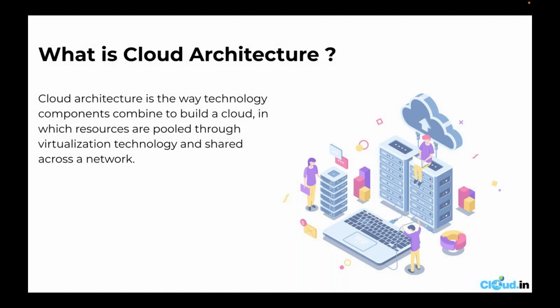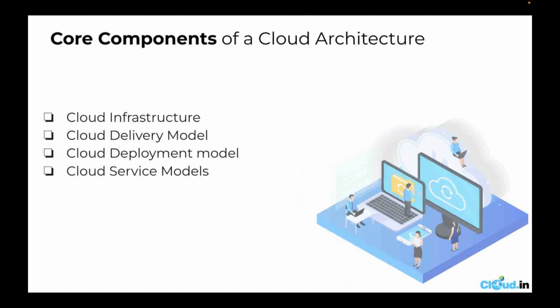So let us move on to the next slide and look into the core components that a cloud architecture should have. Firstly, we have the cloud infrastructure. This supports cloud computing by separating the characteristics and the operations that are worked on the hardware and software components of your architecture.